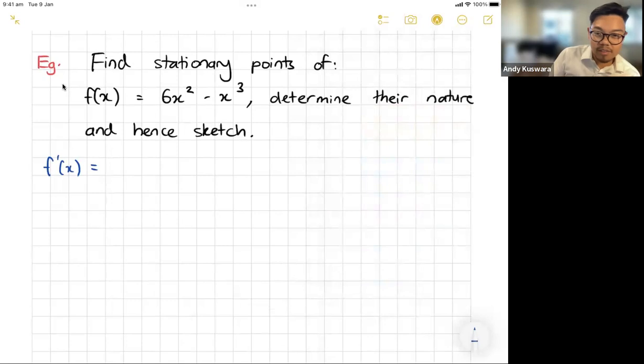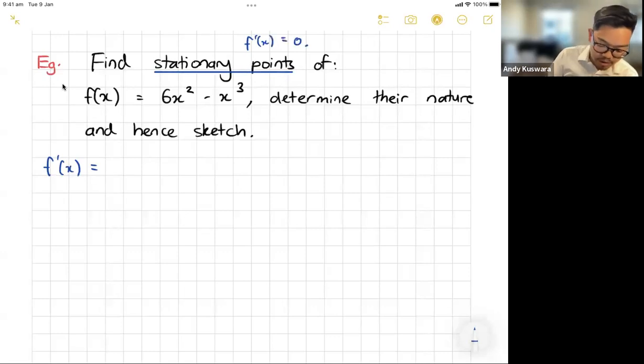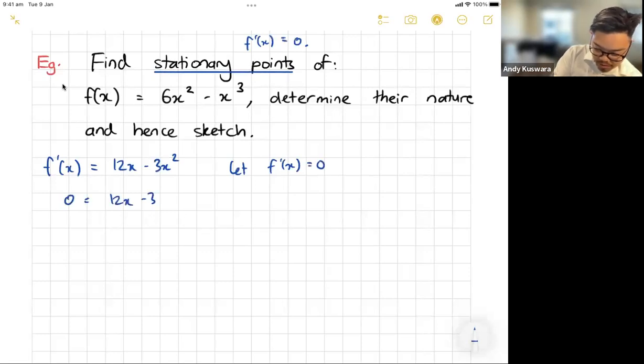First things first, I want to find the stationary points. That means f dash x equals 0. So let's go stationary points. First things first, derive it. That becomes 12x minus 3x squared, and I'm going to let that equal 0. So 0 equals 12x minus 3x squared.